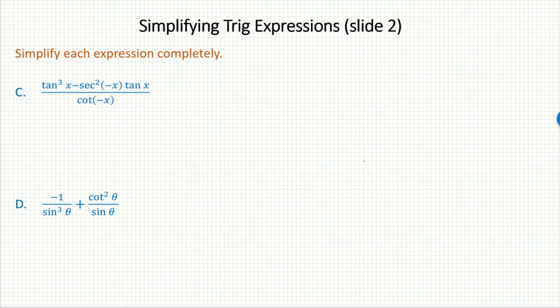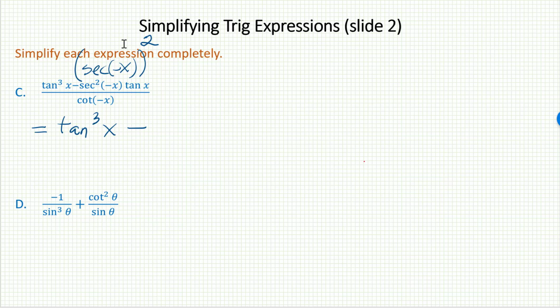Okay, let's try another one. This one looks particularly messy. Again, the first thing that pops out to me are these negative angles. I know that I can get rid of those quickly. Don't be bothered by the squared here. Remember what this means. It means that the secant of negative x is all being squared. You can always write it that way if it helps you. Well, I'm going to use my negative angle identities.